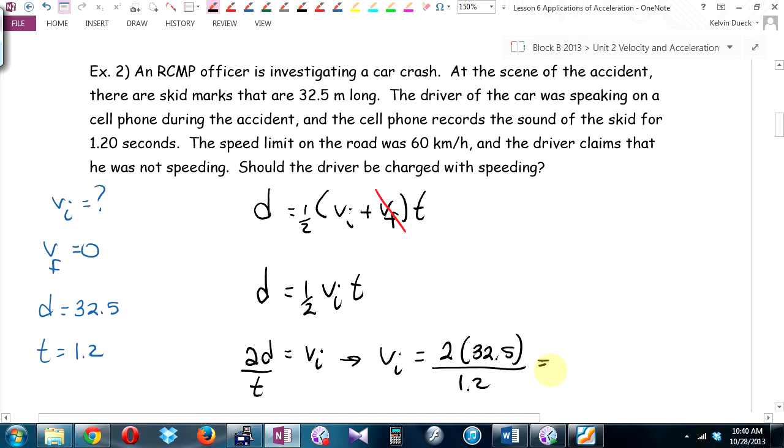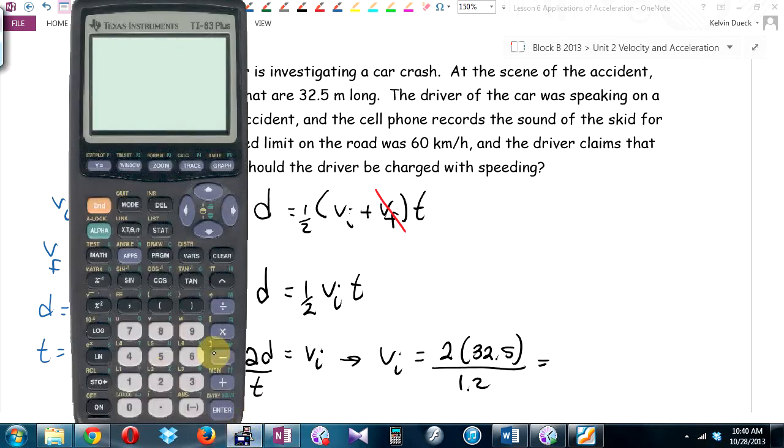What's the minimum speed this driver must have been going? Well, that's meters per second. Okay, that's 54.2.